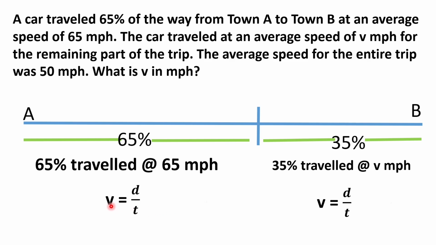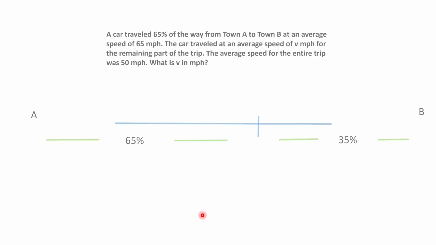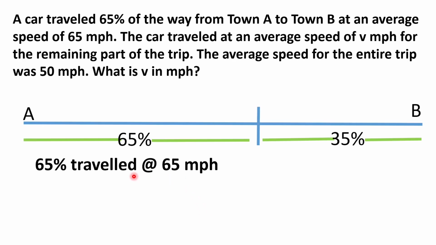Now we can write this formula as t equal to d divided by v, because we have exchanged velocity and time. So time equal to distance divided by velocity. And now let's solve this: 65% traveled at 65 miles per hour.